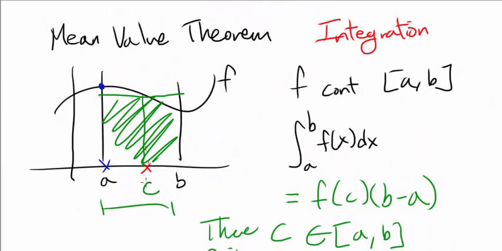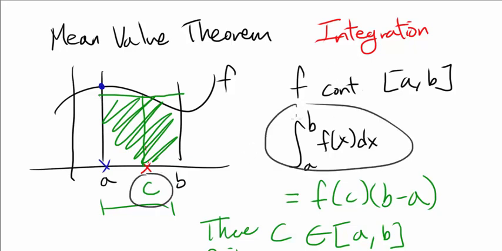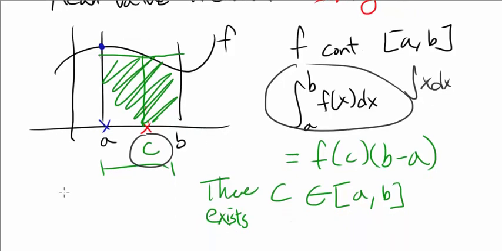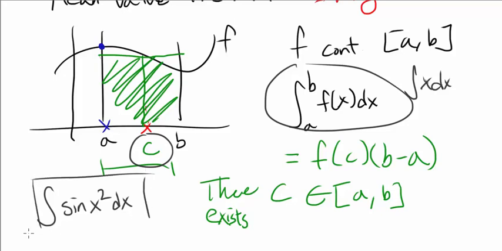Is there a systematic way of finding the value of c? What I'm saying is, evaluating this integral takes some time. The integral of x dx obviously doesn't take too much time, but there are some integrals, such as the integral of sine of x squared dx, that are impossible to evaluate using elementary functions. Using elementary functions, you cannot find the exact value of the integral of sine of x squared.